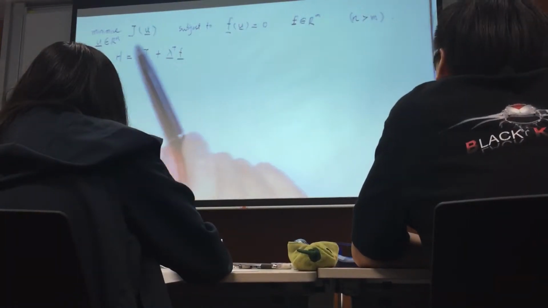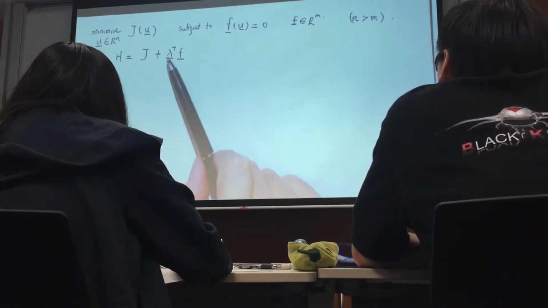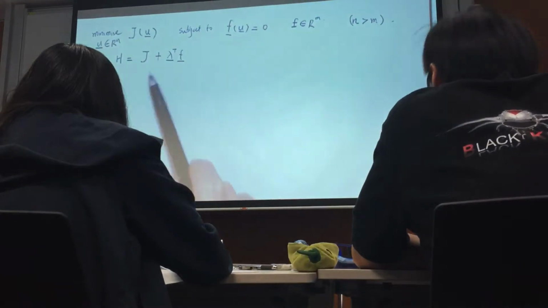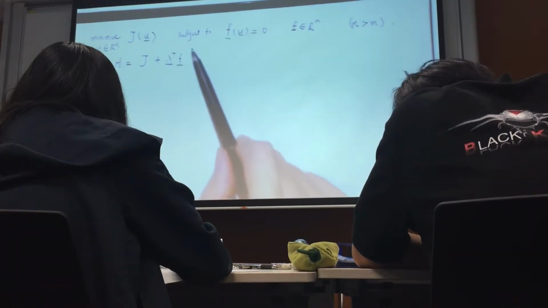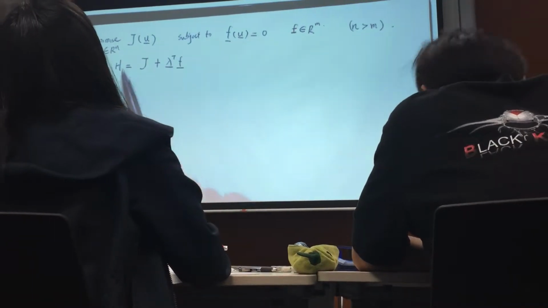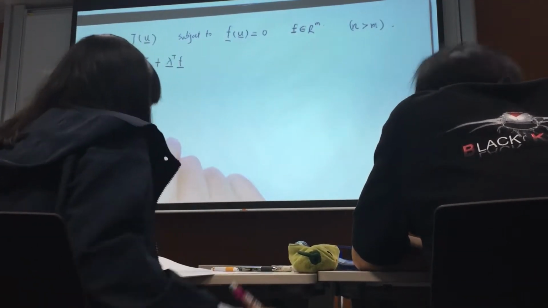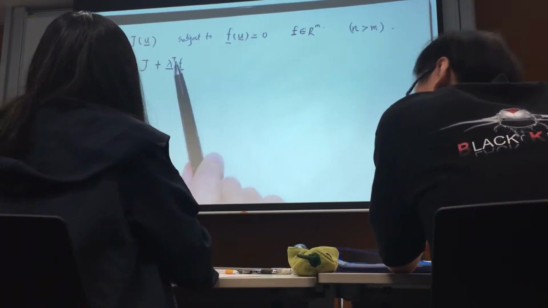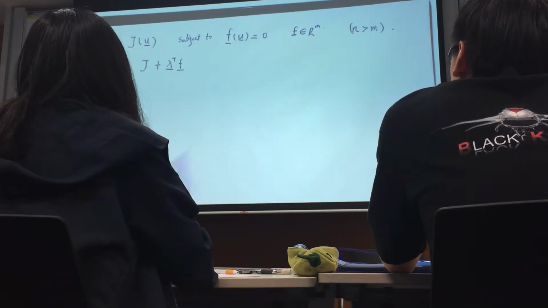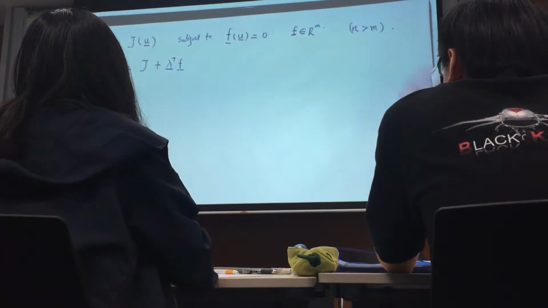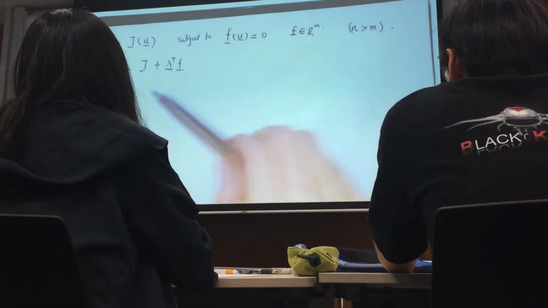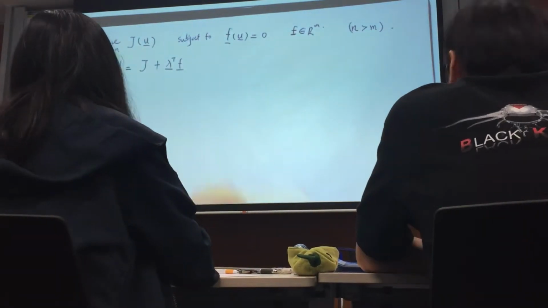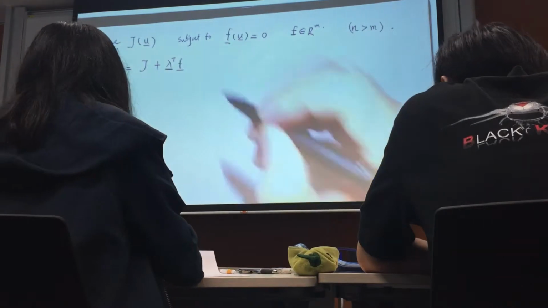If we augment the cost function in this way, we know the J itself is a scalar. So this product is also a scalar. So the H will be a scalar. So for a scalar, you know how to calculate the derivative, how to decide the gradient. So once we construct this Hamiltonian, the solution is very standard.